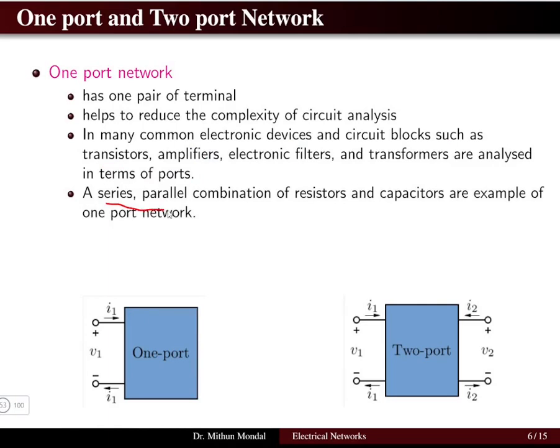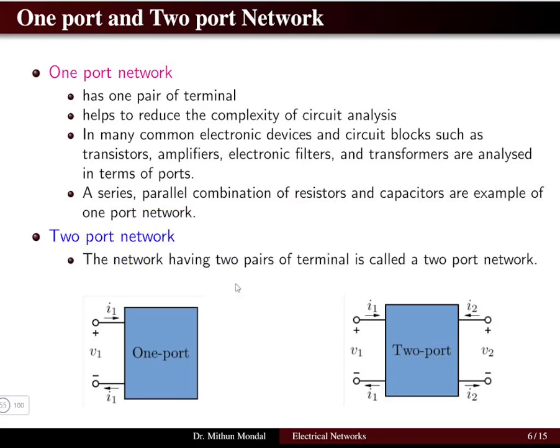A series parallel combination of resistor and capacitor is an example of a one port network. Whereas a two port network is one which has two pairs of terminals. Here we can have one pair of terminals and here we can have another pair of terminals. Generally, the examples are the amplifier, attenuator, filter and transformer. There we have the two port network.